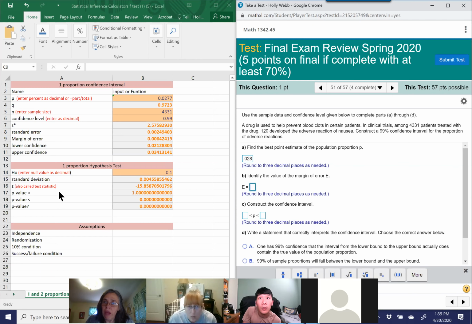And then my margin of error E is 0.006. Stop me if you get confused. And then my confidence interval should be here, lower confidence, upper confidence. We're saying that we're 99% confident that the population proportion is between 0.021 and 0.034.